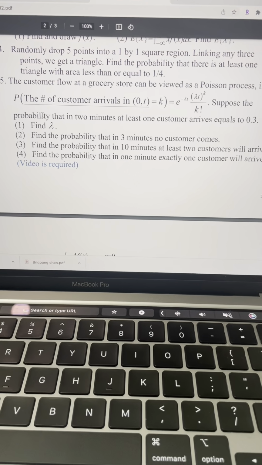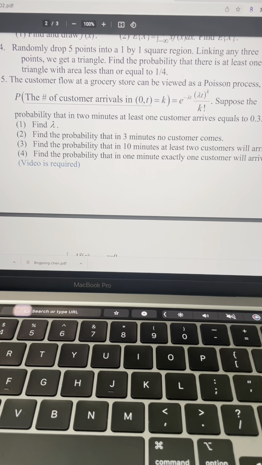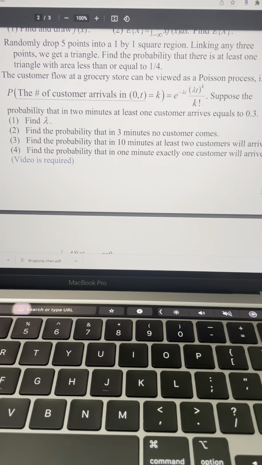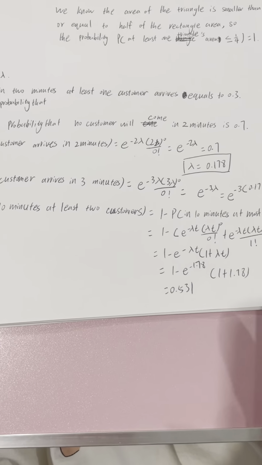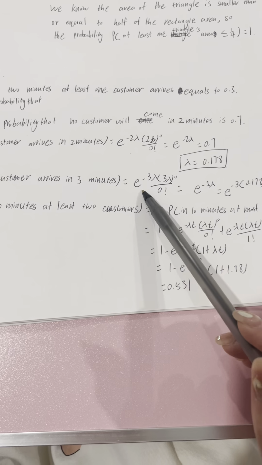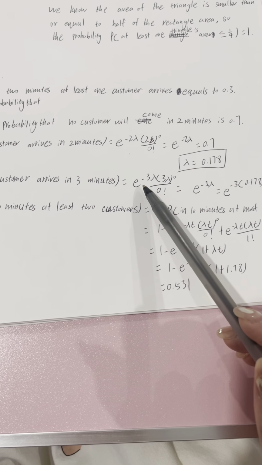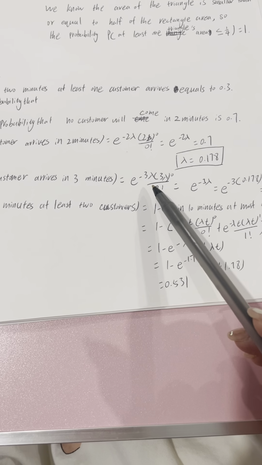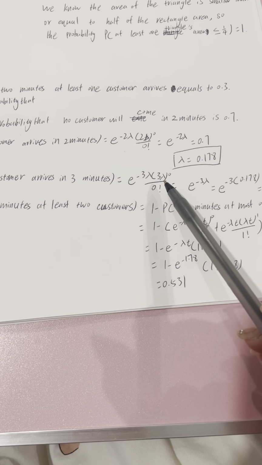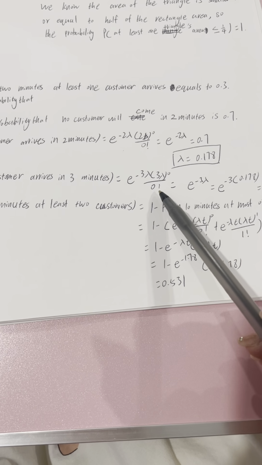For question part 2, we are required to find the probability that in 3 minutes no customer will come. So we also plug in the equation: e to the negative 3 lambda times 3t to the 0 power over 0 factorial.